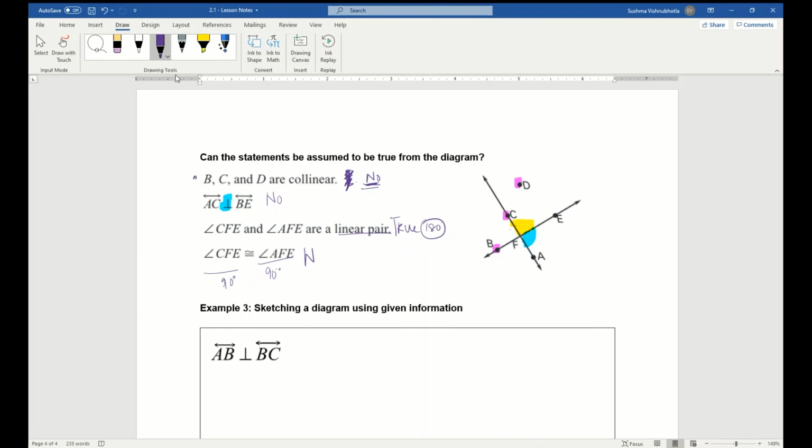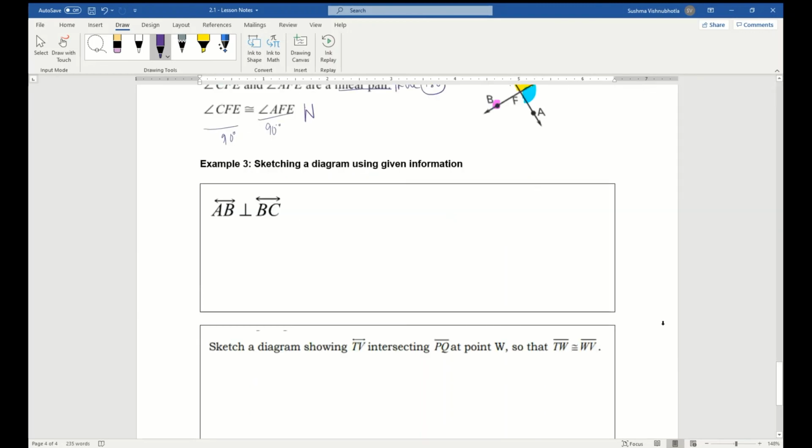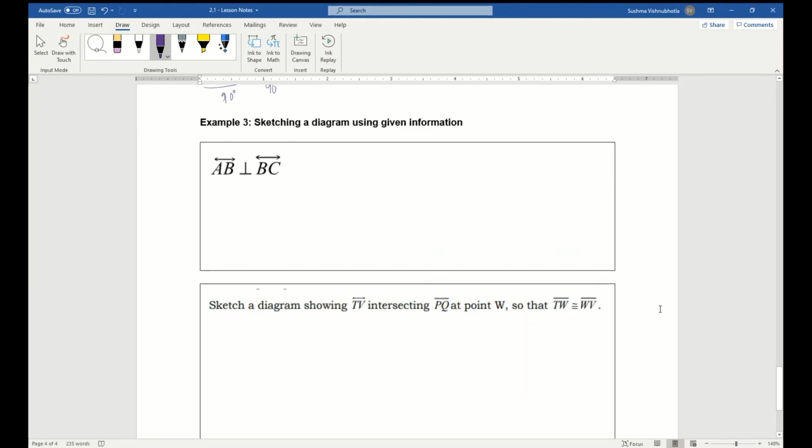All right. Sketch the diagrams, and this is what we're going to do in class on Thursday. Sketch the diagram using the given information. So if you essentially draw a picture that would represent this, I have line AB, and I have BC, and they are perpendicular. That means they cross at 90.